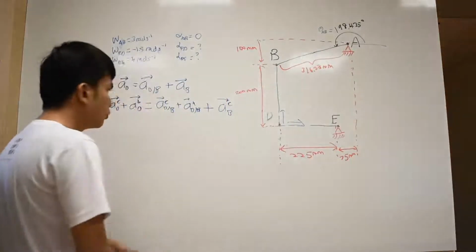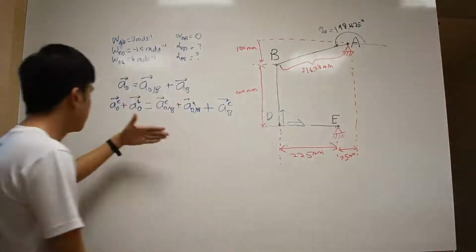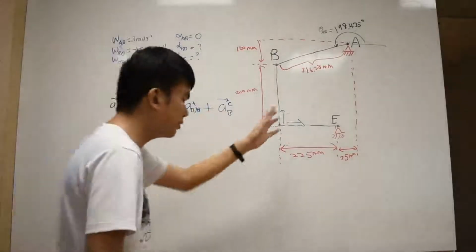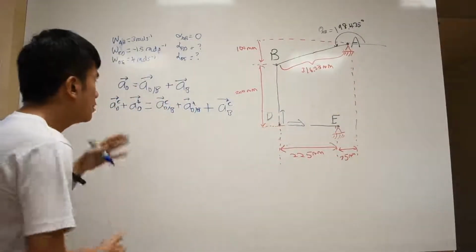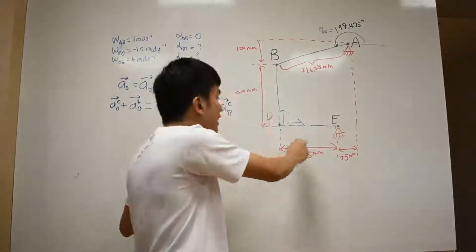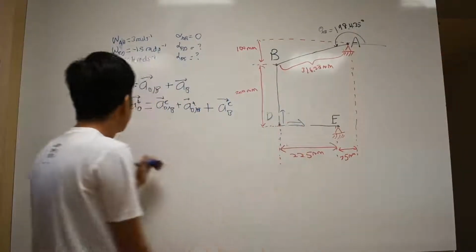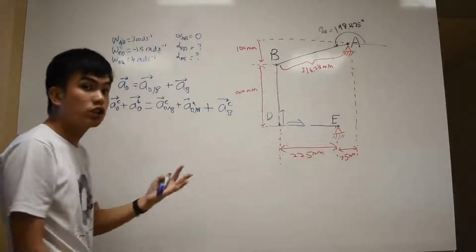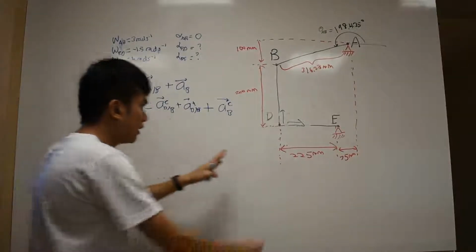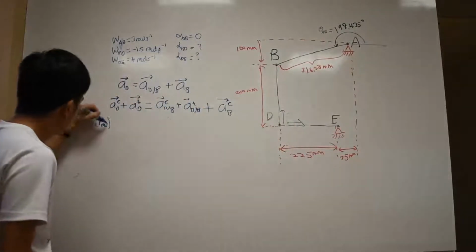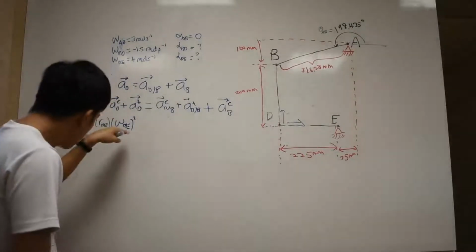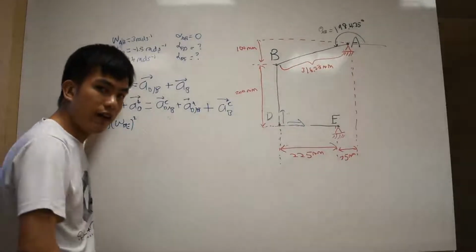Okay, so how do we actually decode the first part? The centripetal acceleration of D, it's rotating like this in our reference frame. Because it's centripetal, it will always go towards the direction of the center. In this position, the centripetal acceleration is defined as omega squared r, which in this case is r_DE, the length of DE here, times omega_DE squared, where omega_DE can be found from the previous example.